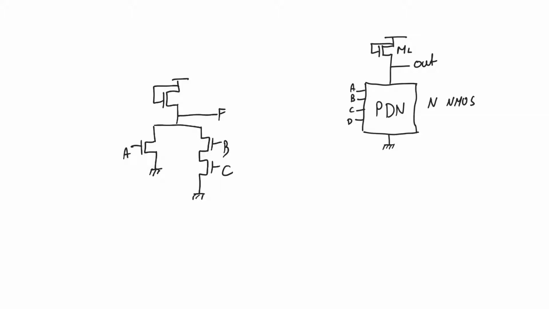What is F? Now, when we had two transistors in parallel at the bottom, in the pull-down network, we got F equals A plus B all bar at the output.